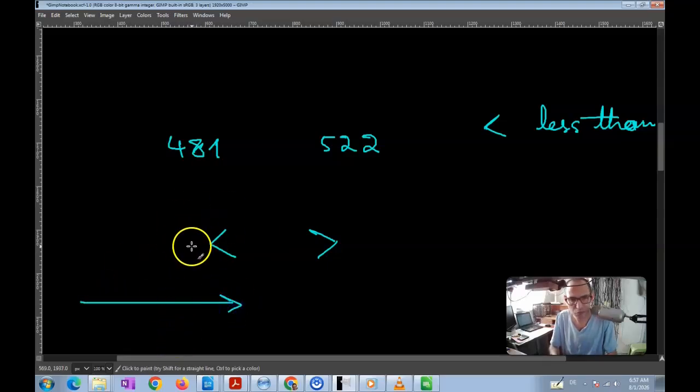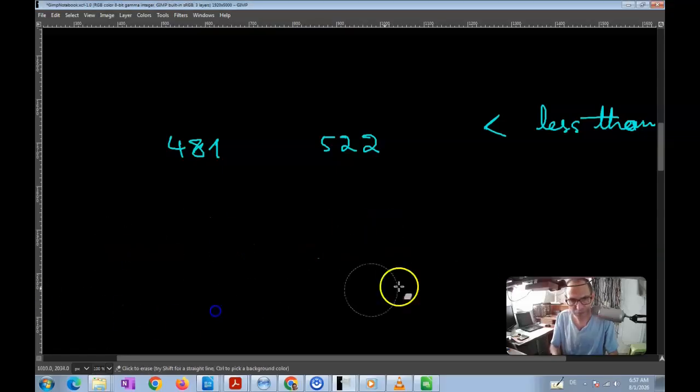So when you come from the left, you get to one side of the symbol, and whatever goes into the mouth of the symbol is greater. Whatever goes into the other end of the symbol is smaller. So this is the mouth, this is the tail. Whatever goes into the mouth is greater, and whatever goes into the tail is always smaller, right?